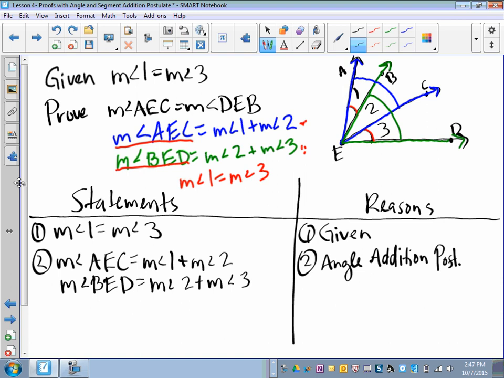So all we've done is stated what was given to us, and then we used angle addition postulate so that we can incorporate the information that we know. Measure of angle 1, measure of angle 3. Then we're going to manipulate this so we can get them to be exactly the same so we can draw our conclusion.